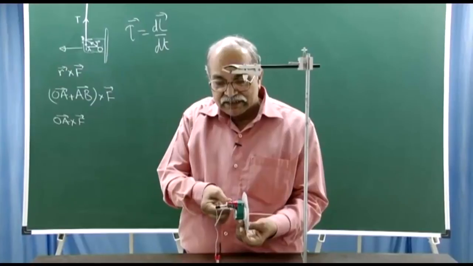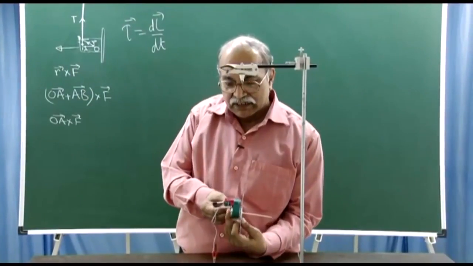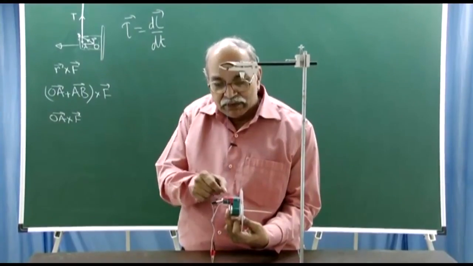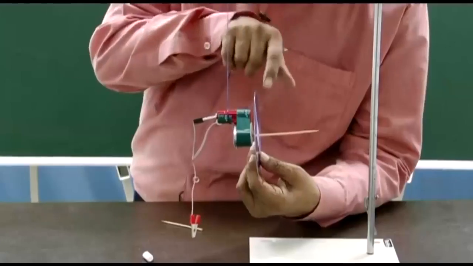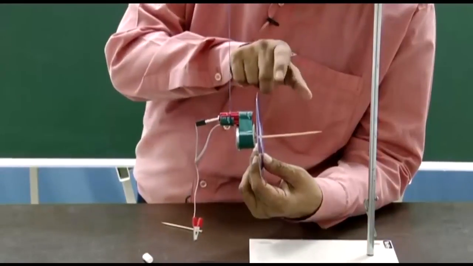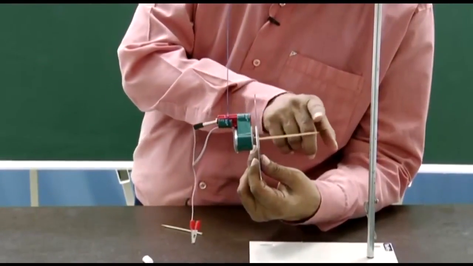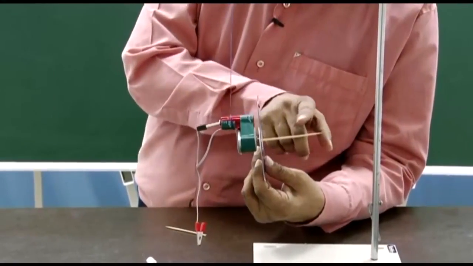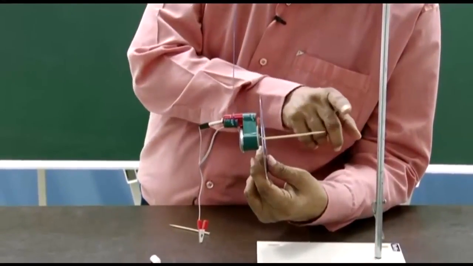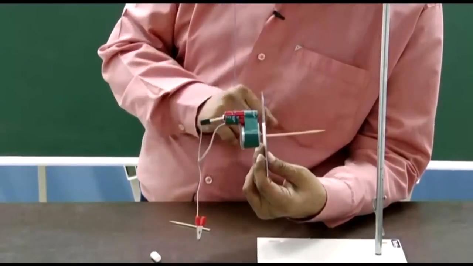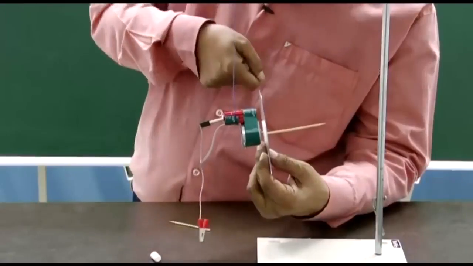So, this is the torque direction, and the angular momentum change will be produced in this direction. Since it is spinning fast, there is already a large angular momentum along this axis. So, that L is already there. Then you have a torque towards me.